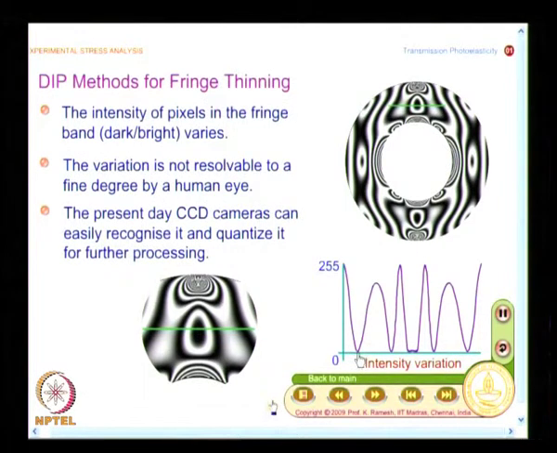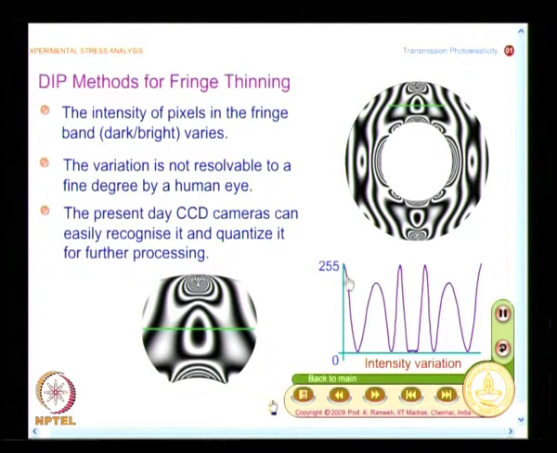On the other hand, when I look at the intensity values recorded, I may have to do time averaging to eliminate electrical noise. So, you take several images in a short time and then take a time average. When you do that kind of image recording and look at the intensity variation, you get an intensity variation like this.